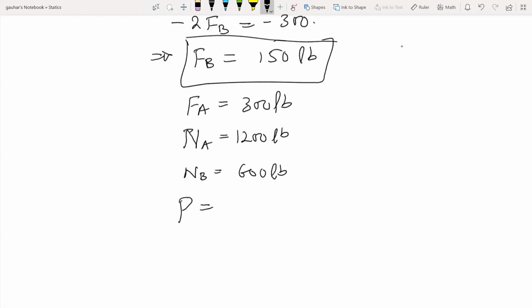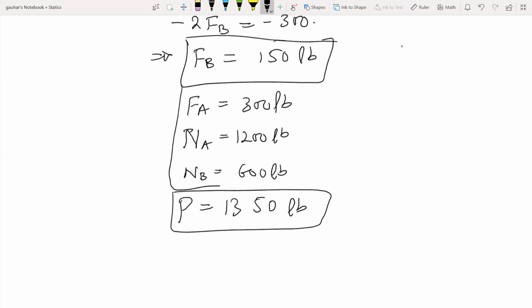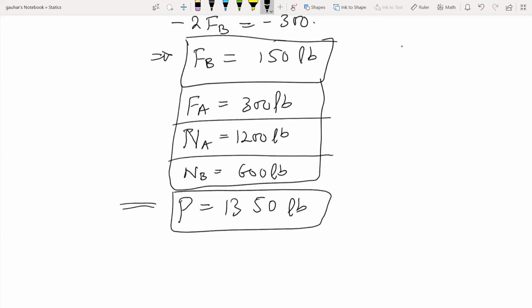And P is 1350 pounds. So that's how you're done with these 5 unknowns. This was my method of solving these 5 equations, but you can solve them by any method of your choice, and as long as you come up with this answer, force P equals 1350 pounds, we are good with any method.